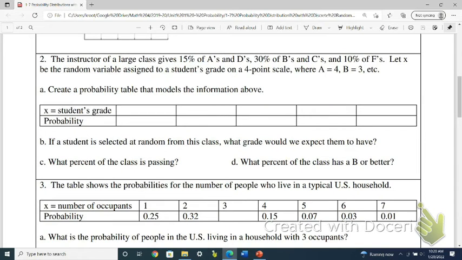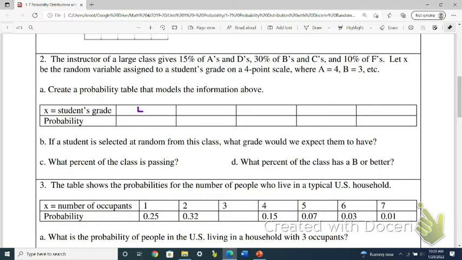So example 2 says the instructor of a large class gives 15% of A's and D's, 30% of B's and C's, and 10% of F's. Let X be the random variable assigned to the student's grade on a 4-point scale, where A is 4, B is 3, and so on. So I'm going to create a probability table.